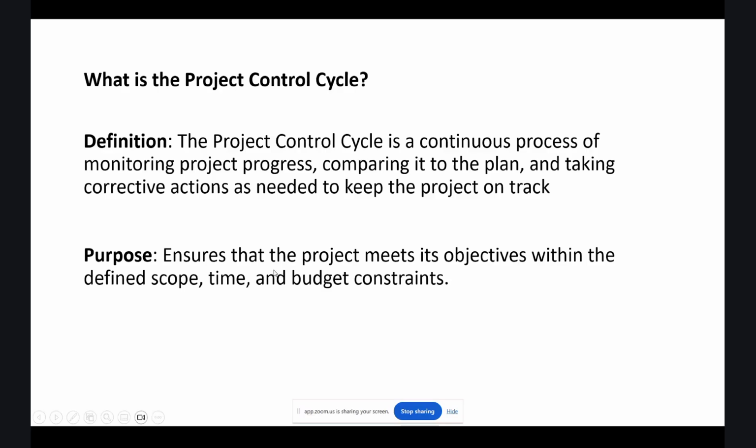We have not talked about budget. I will briefly discuss the fundamentals of budget next week. But basically, these are the three elements that if you do not manage and control, could negatively affect your project.